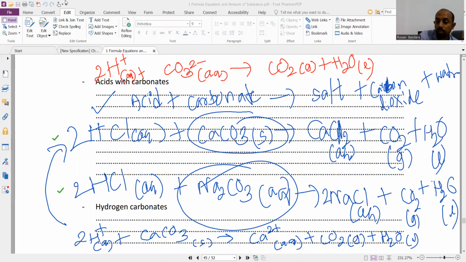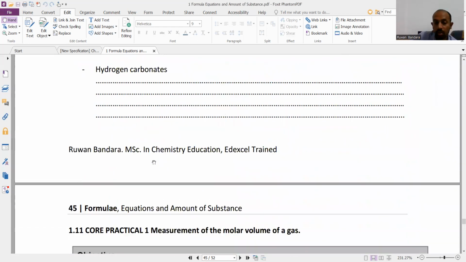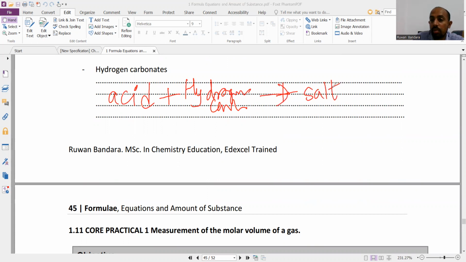Okay. Moving on. Last one, acid with hydrogen carbonate, right? So acid plus hydrogen carbonate. Again, the same thing: gives you salt plus water plus carbon dioxide.